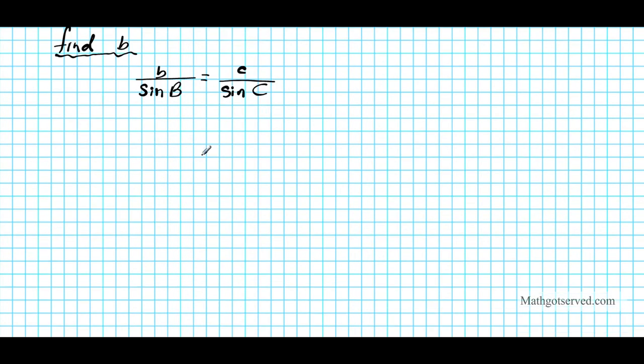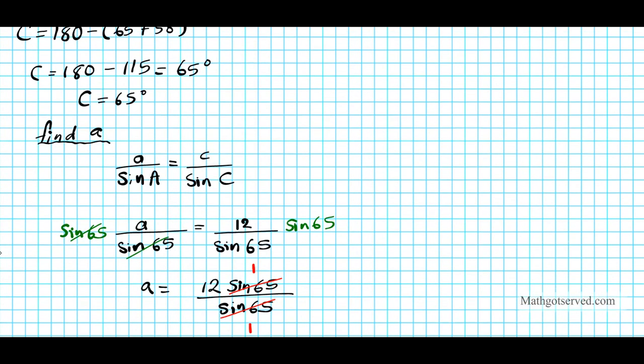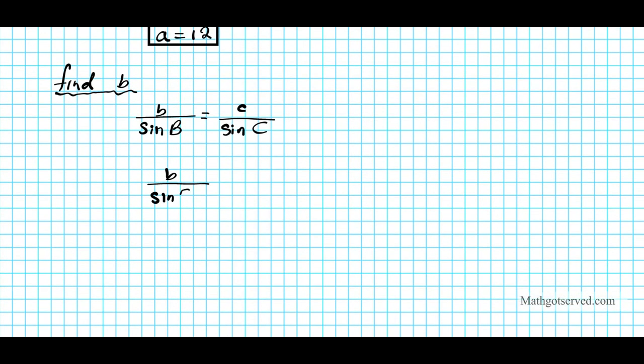Let's make the substitutions. Now we have little b over sine big B. Big B is 50 degrees, so sine 50 equals little c, which is 12, over sine 65. To isolate little b, we'll multiply both sides by sine 50.